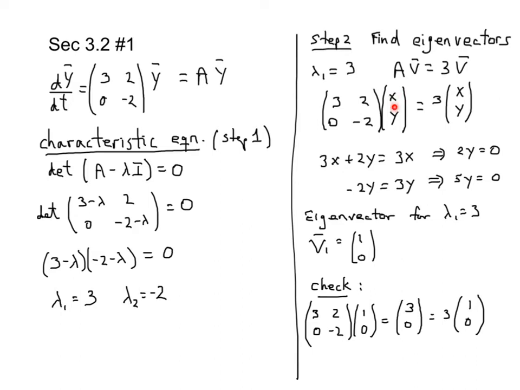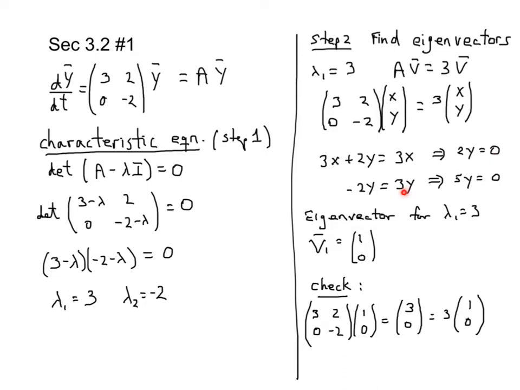We multiply A times (x, y), we get 3x plus 2y, and on this side it has to be 3x. This row times this column gives us just minus 2y, and on this side we have 3y. Bringing the 3x to this side, we have an equation that says 2y has to be 0.